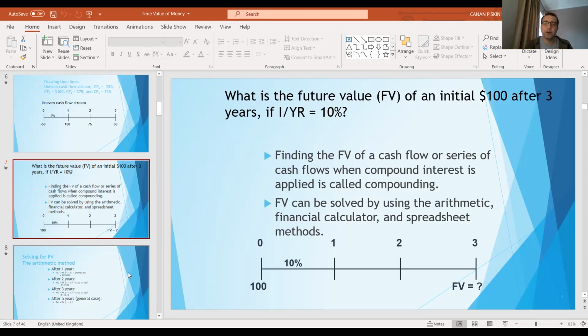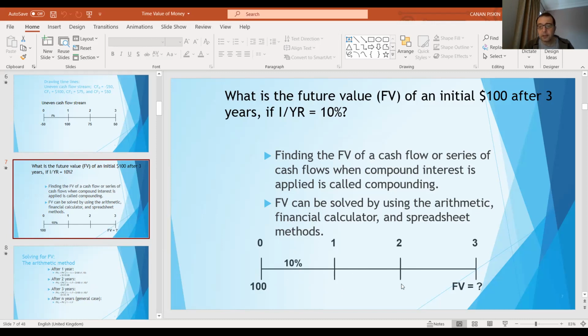If we want to find the future value, we need to compound it, right? In our example, we need to find the future value of $100 with a 10% interest rate in 3 years' time. So in the first year with 10%, we will get 110.